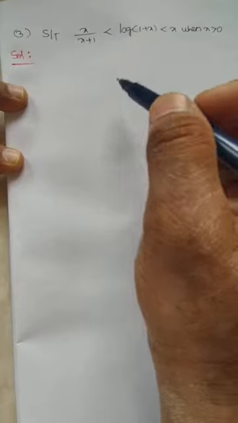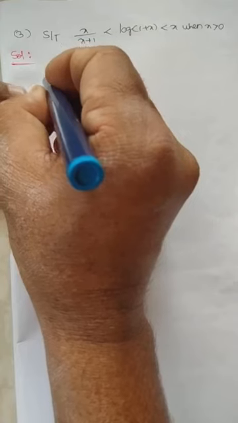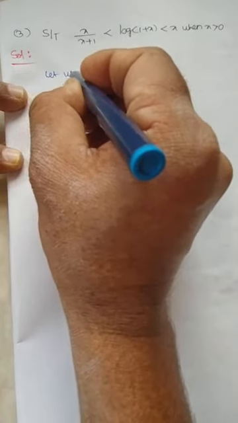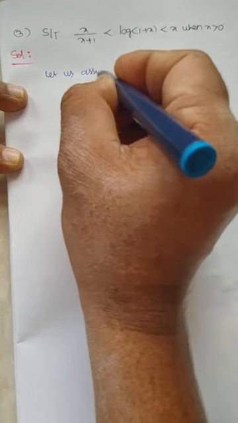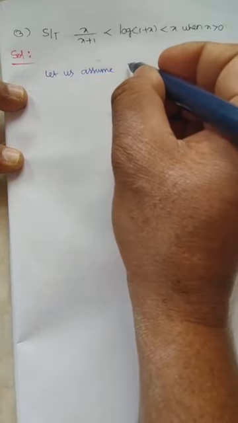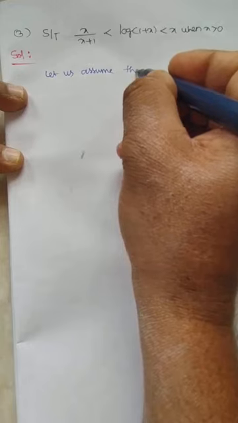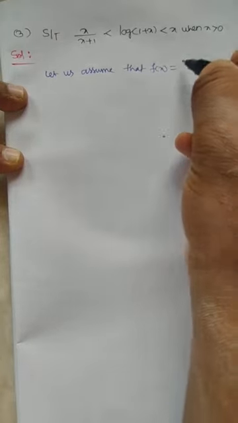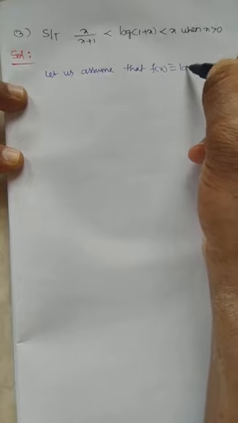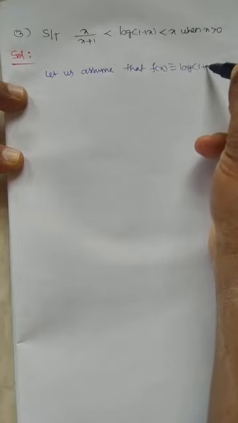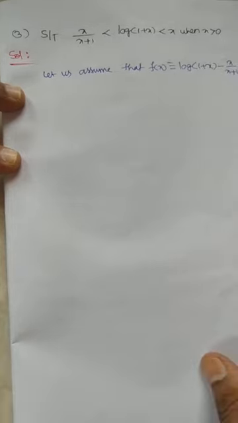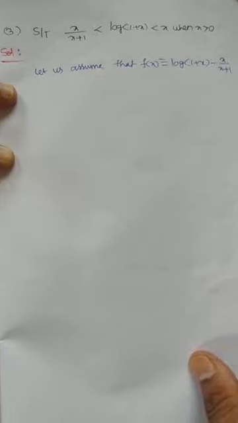For that, let us assume that f of x is a function like this: log of 1 plus x minus x by x plus 1. This is our f of x function.